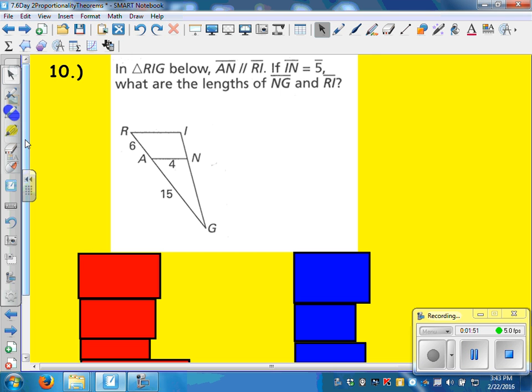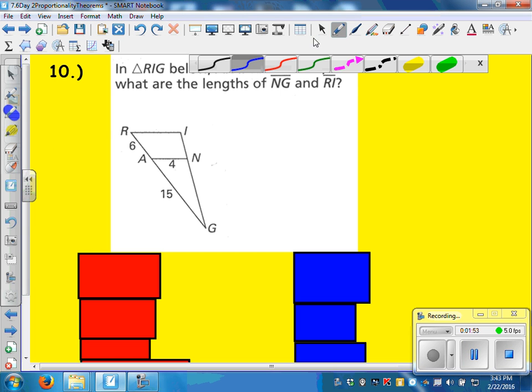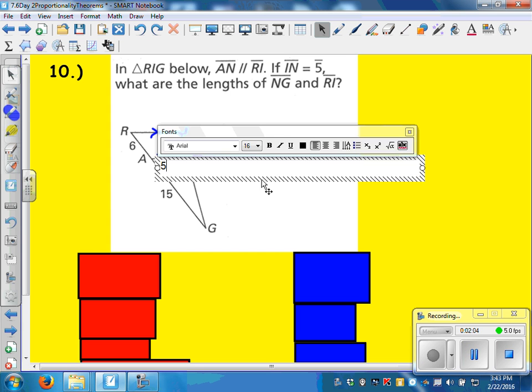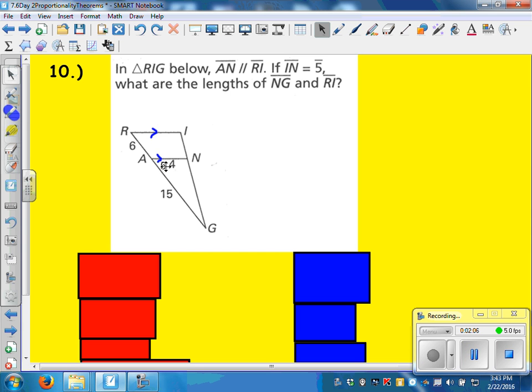Number 10. In triangle RIG below, AN is parallel to RI, so you want to mark that picture. They also tell you that IN is 5. What are the lengths of NG and RI?